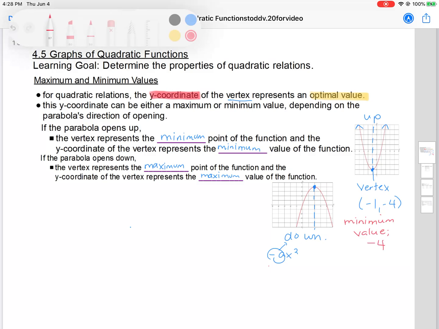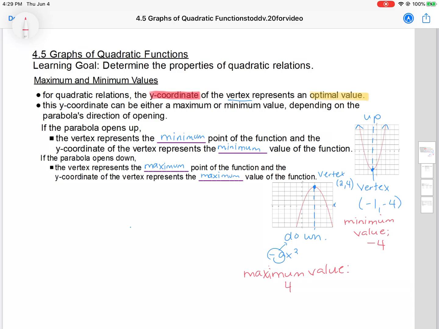And so here, this vertex is 2, 4. Yeah, this is x, that's 0, 2, 4. So then the maximum value is 4. Okay, so we only use the y coordinate of the vertex.